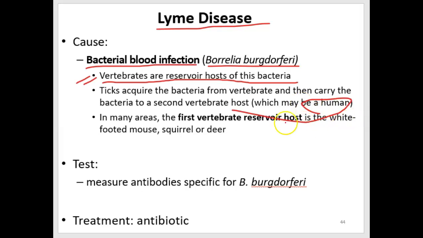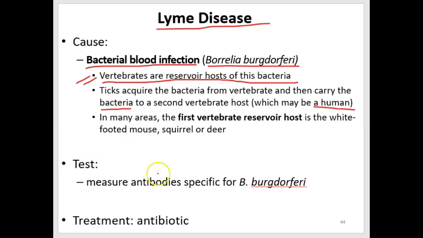They come and they bite a human, and when they bite, some of the bacteria are still present in the biting apparatus of the tick. I don't want to call them teeth because they're not really teeth, and so in that case the bacteria are transferred to the human during the tick bite.